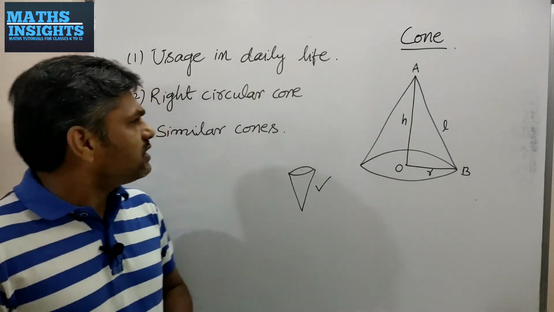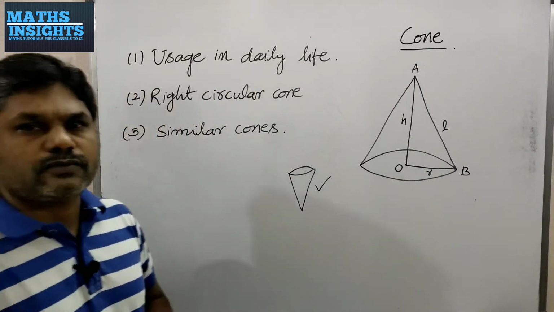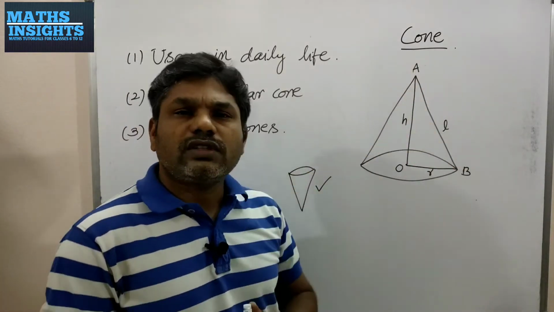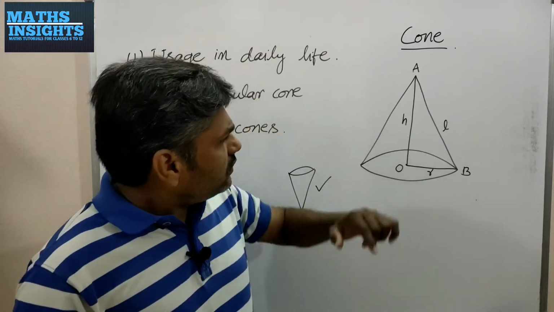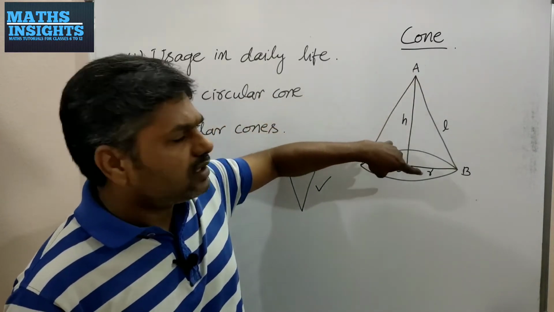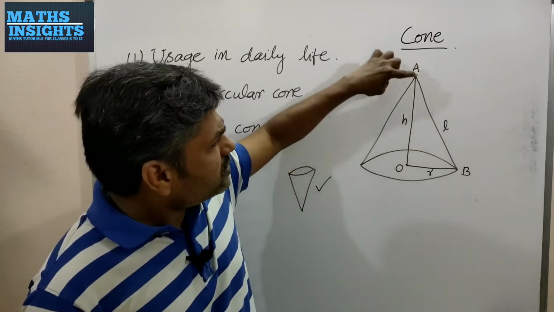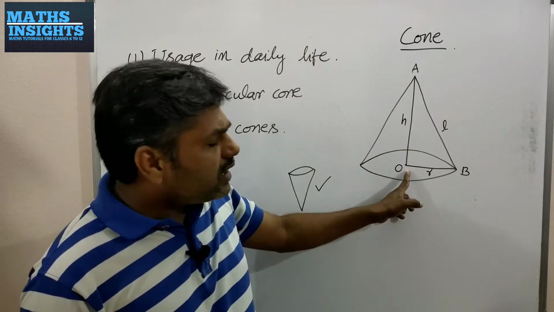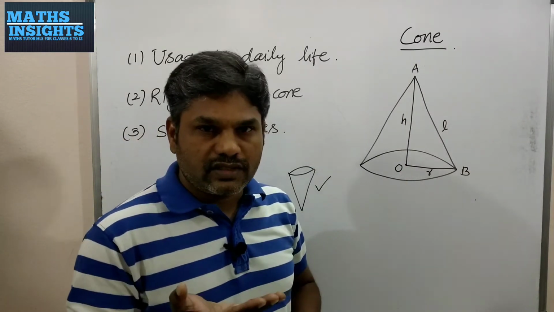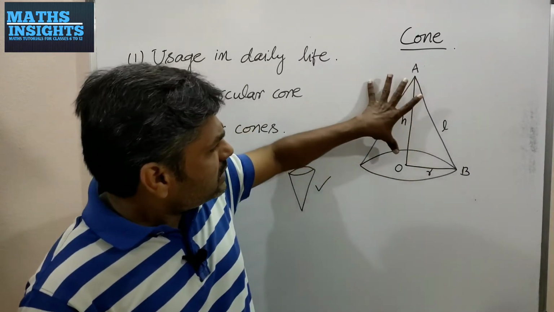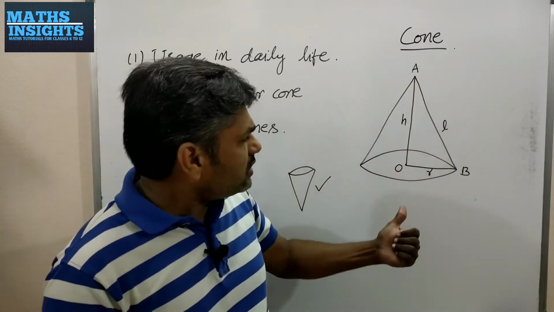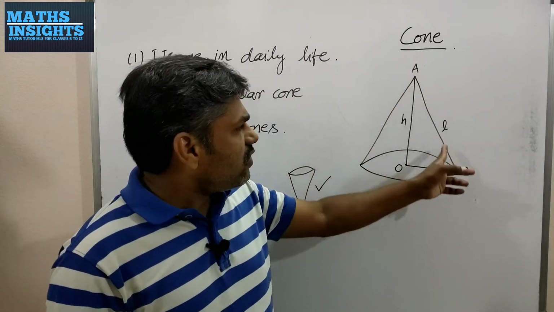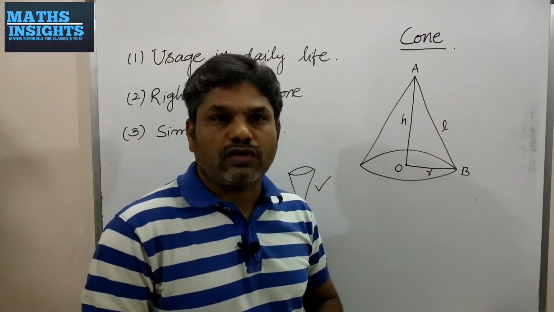Now what is meant by a right circular cone? If you observe the cone, you have three main dimensions. The first one is height. Height is the line segment joining the vertex of the cone to the center of the circular base. This is the distance of height, and this is the radius of the circular base, and this is called the slant height of the cone.